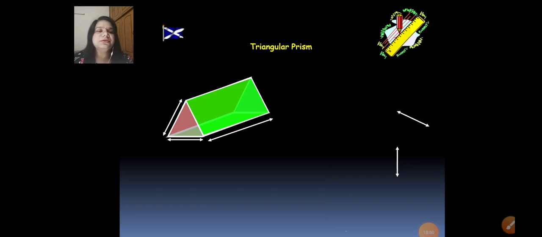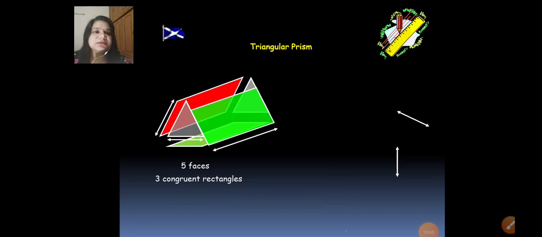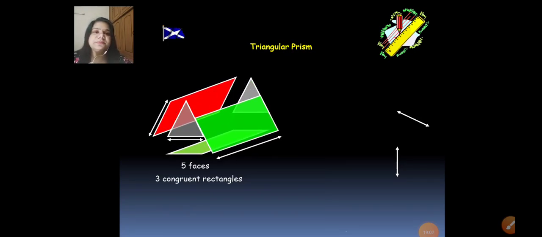So this is a triangular prism, and just check. This triangular prism has 5 faces. Let's see. So 3 congruent rectangles, congruent meaning 3 same rectangles on its sides. You can check, I have separated the 3 rectangles and the 2 triangles are here.